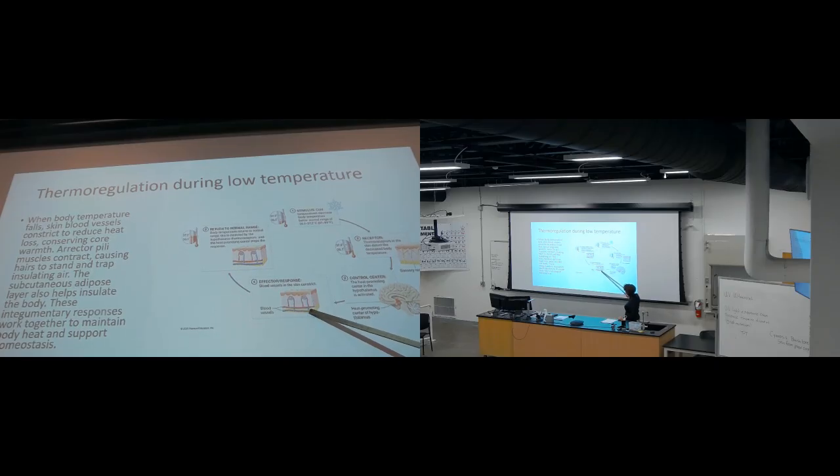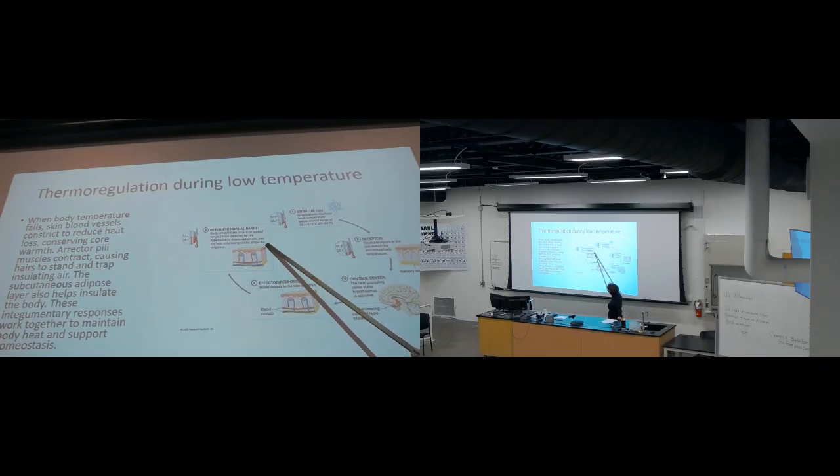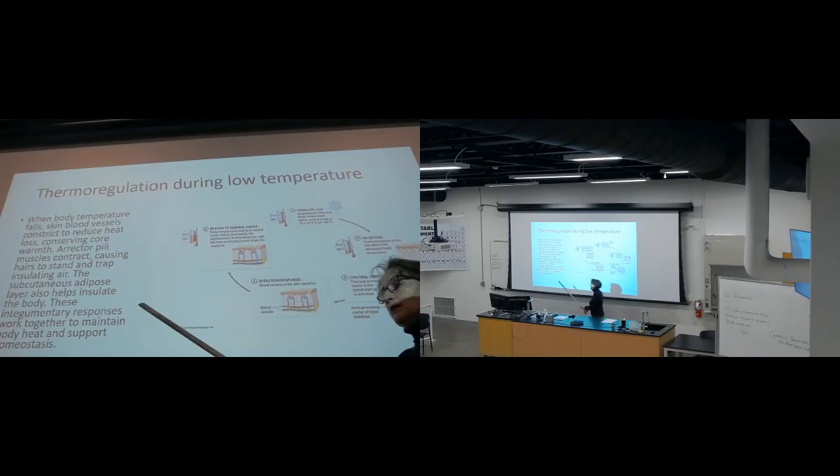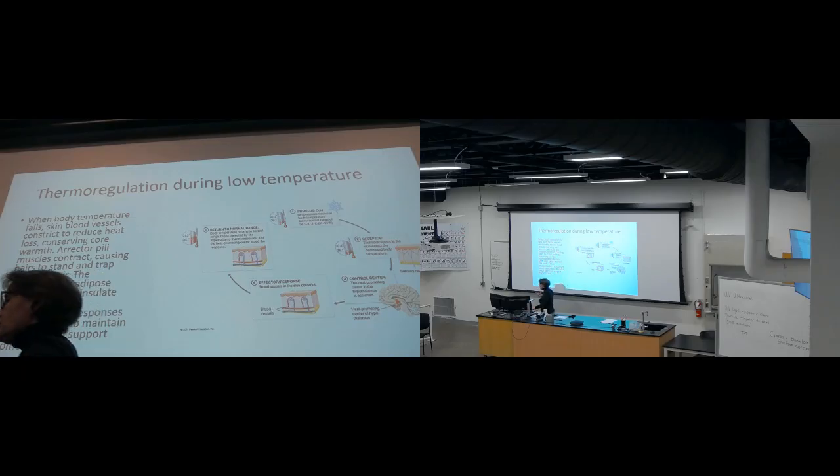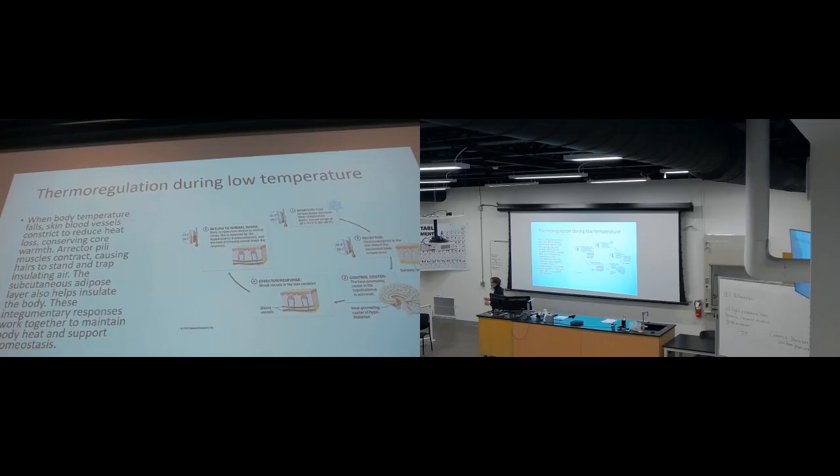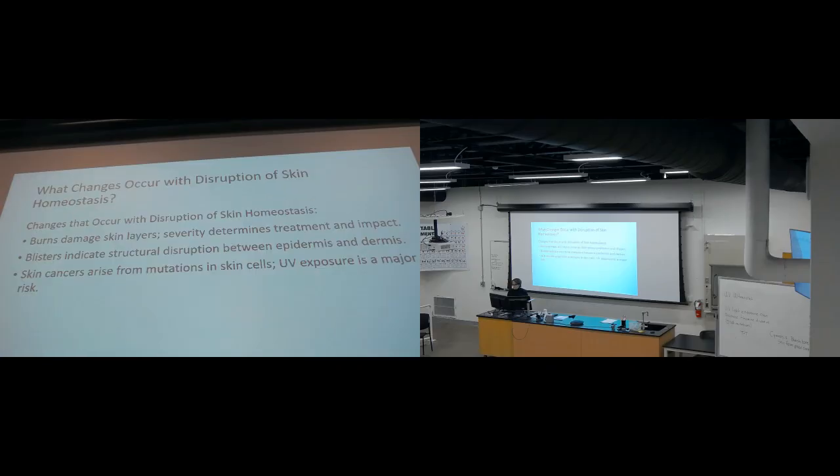This is called vasoconstriction, and then you don't dissipate any heat. As well, you start behavioral changes: if there's a source of heat, you get nearby to that source of heat, and if you have a jacket or a sweater, you put it on so that you don't lose as much heat. Those are normal responses that we have in our body and in our behavior.